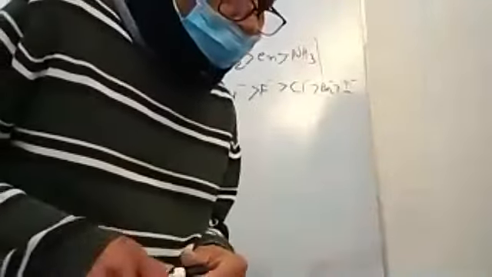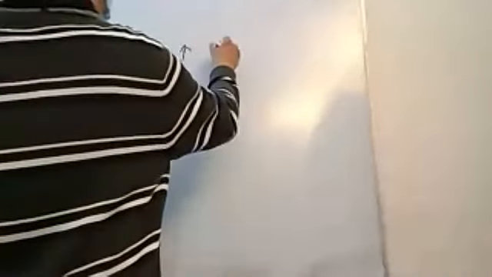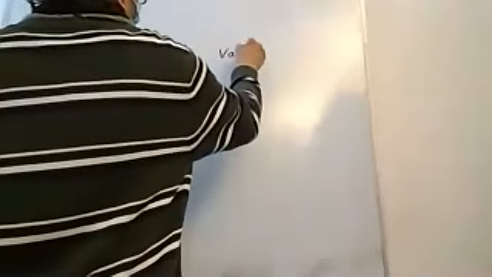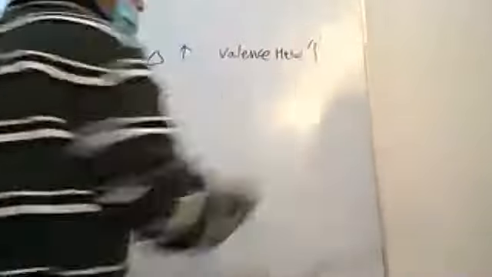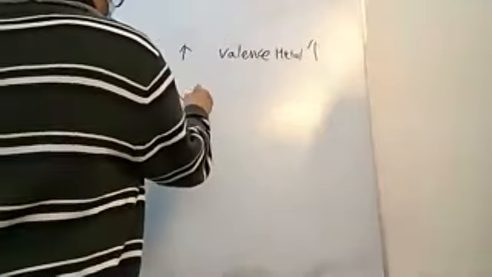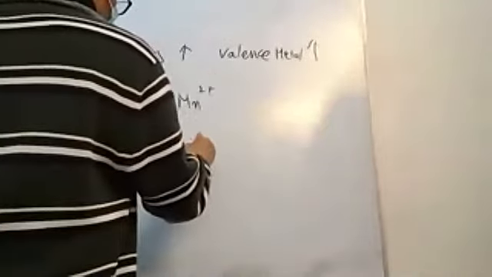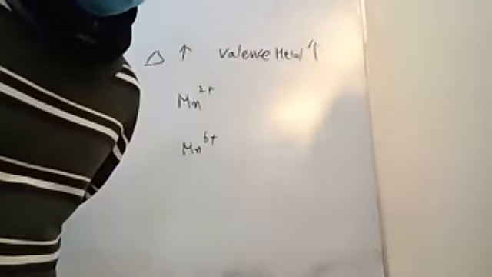The second thing is that generally the crystal field energy increases with the valence of the metal. So if I have manganese 2+ and manganese 6+, which one produces strong field or strong splitting?